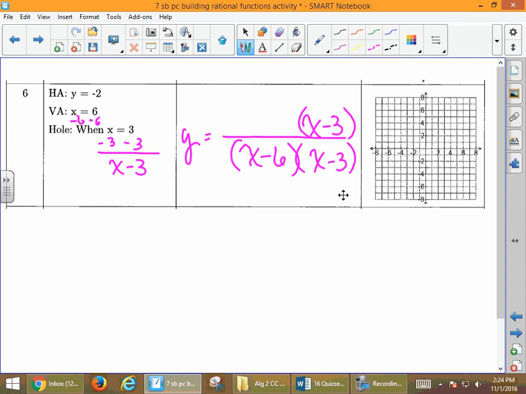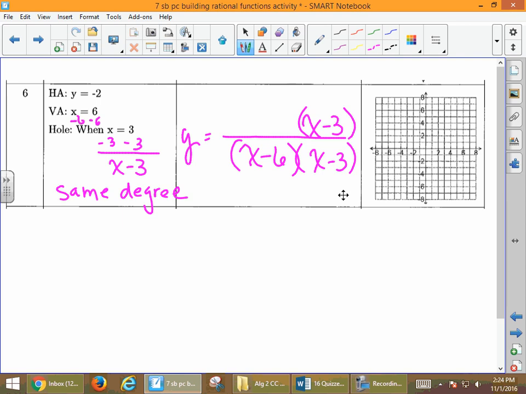Then, lastly, we've got the horizontal asymptote. And what happens is this one says y equals -2. And again, since we have a specific number here that's other than 0, that means that we're going to have the same degree on the top and on the bottom. And if we look down here and we actually FOILed the denominator, we'd have an x squared.